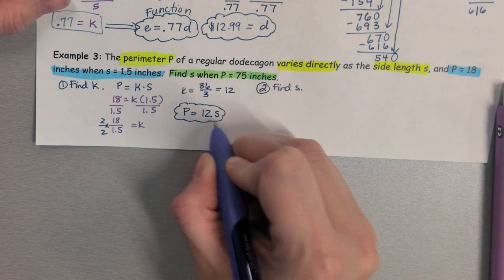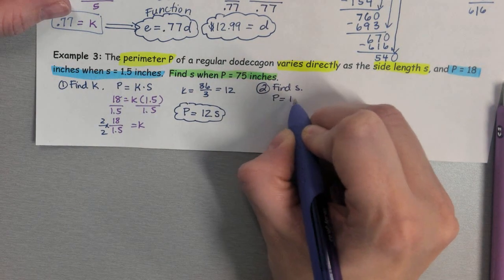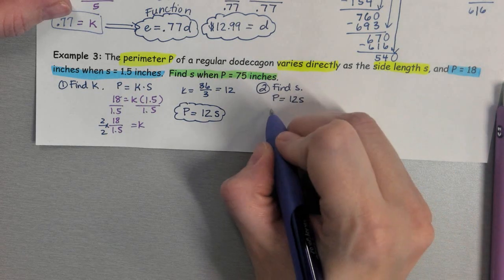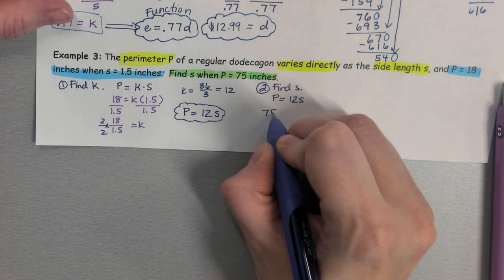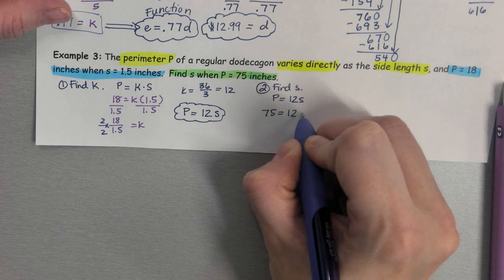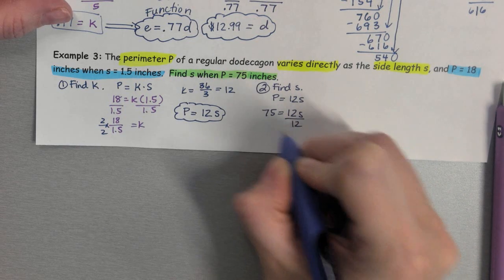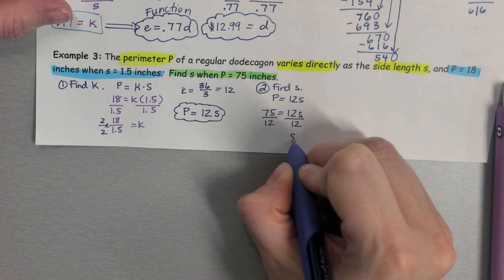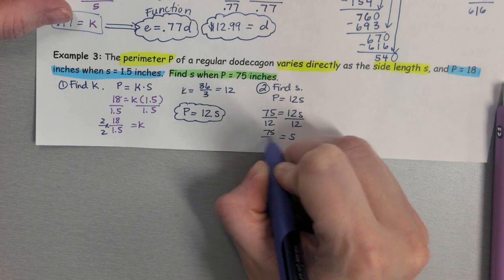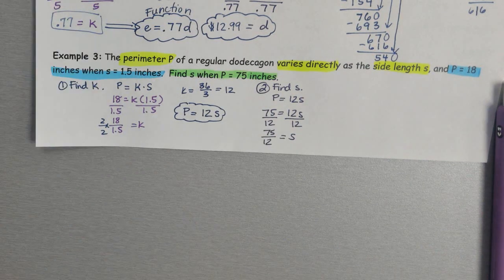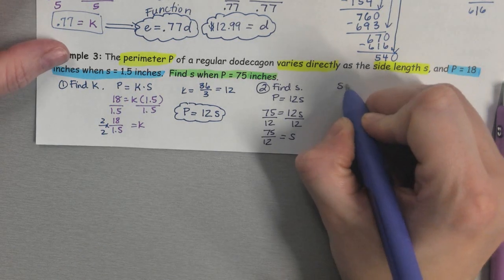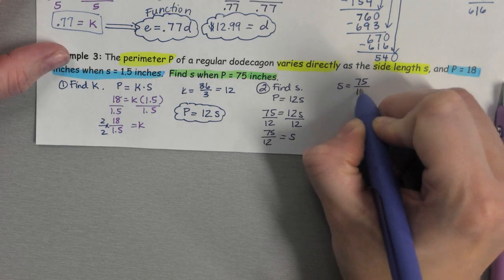Okay, so you have to use this equation. P equals 12 times S. Okay, so 75 equals 12 times S. So we're going to divide by 12. And I would just try to reduce this. Right? What goes into both 75 and 12? 3.